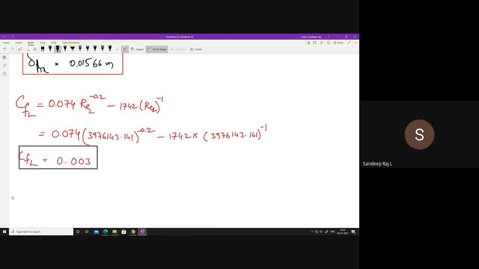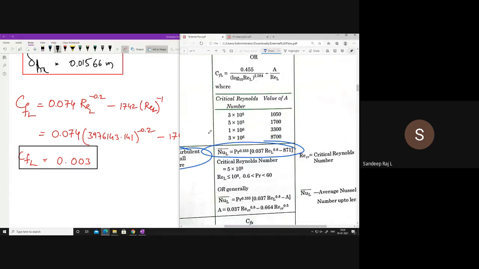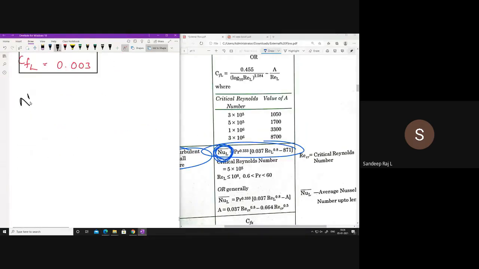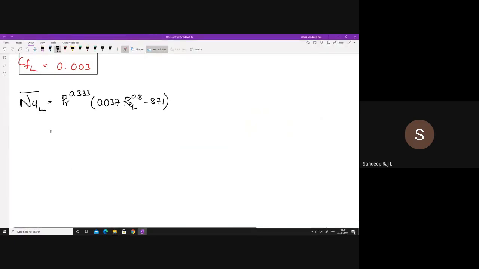Let's move to the calculation of the Nusselt number. Nu_L bar is equal to Prandtl power 0.333 into 0.037 into Re_L power 0.8 minus 871. This is your Nusselt number. What is the Prandtl value?